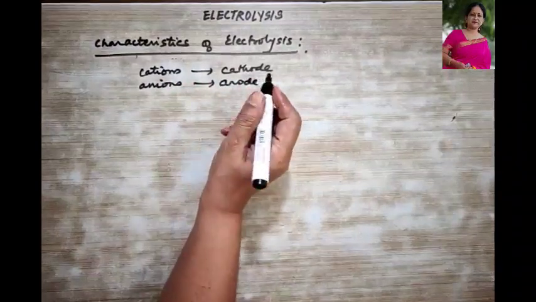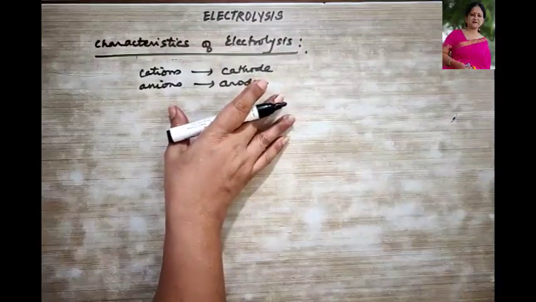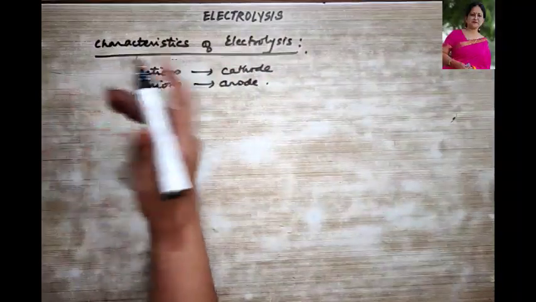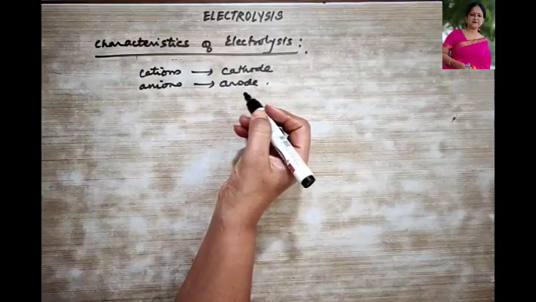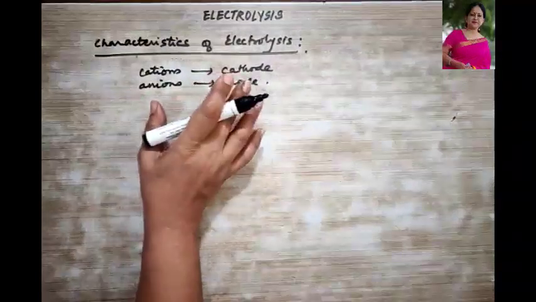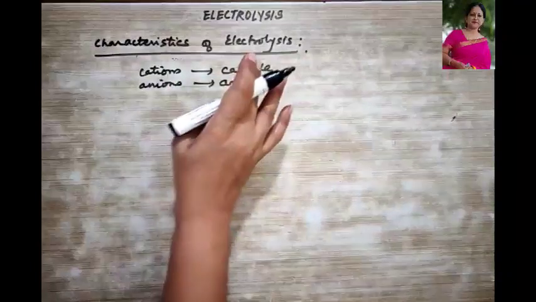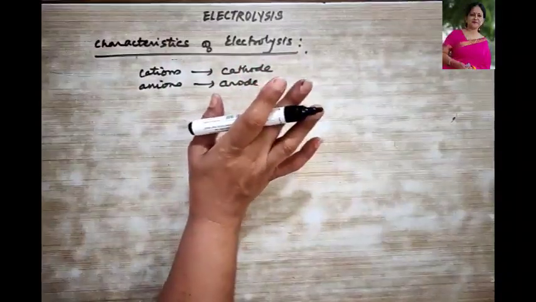Clear? Thus, the number of electrons gained by the anode is always equal to the number of electrons given by the cathode, right? The products of electrolysis are always formed at the anode and at the cathode itself.